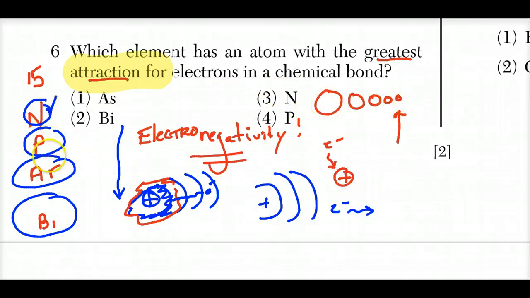As you go down, the radius gets bigger because of more filled shells or that shielding effect. That's a trend you're responsible for understanding. But if you just wanted to figure it out based on who has the greatest attraction or the electronegativity, we could look it up. Let's do that.